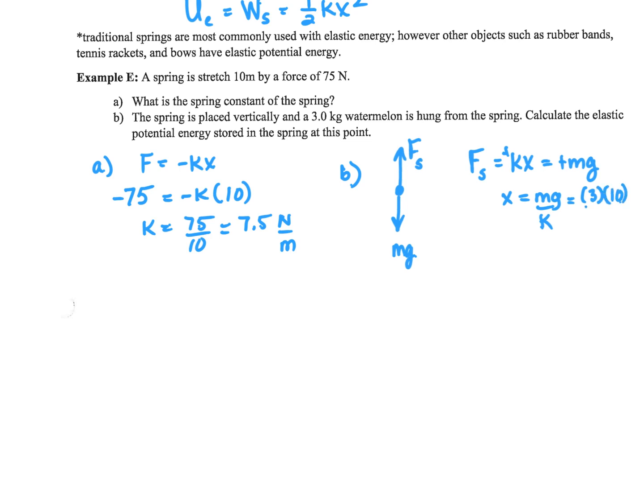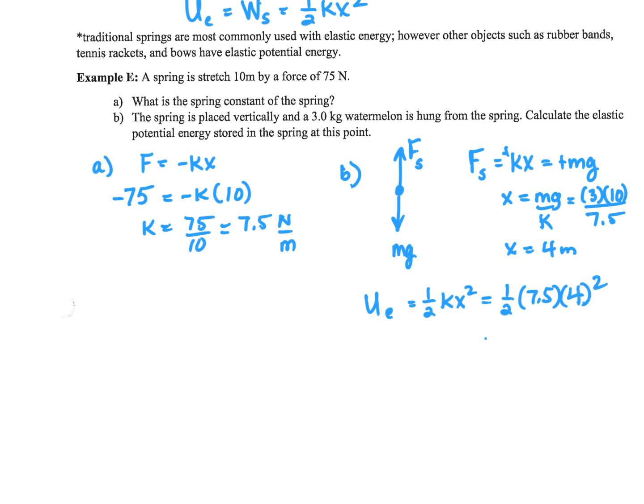Now we can actually figure out that U elastic or U spring is going to be equal to 1/2 Kx squared. So this is going to be 1/2 K, which was 7.5, times that 4 squared. Well, that ends up being 135 joules.